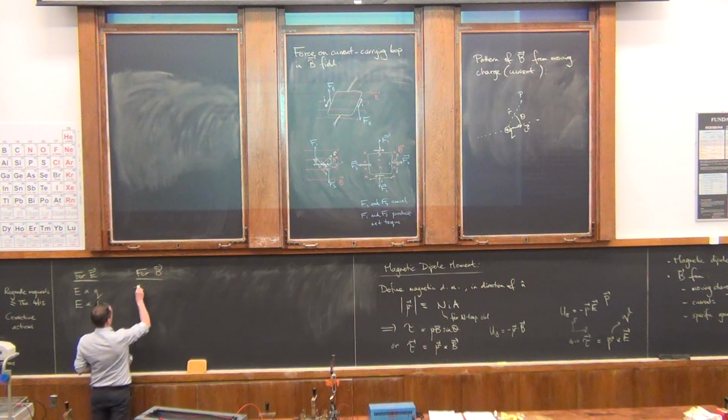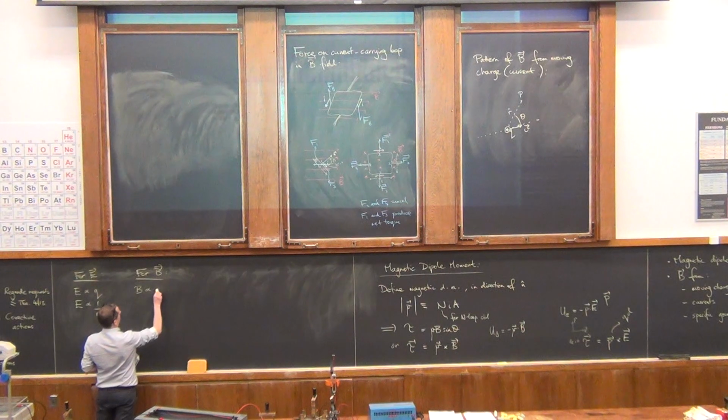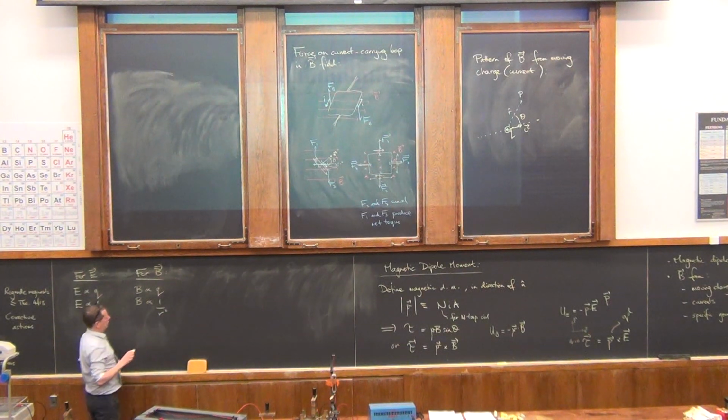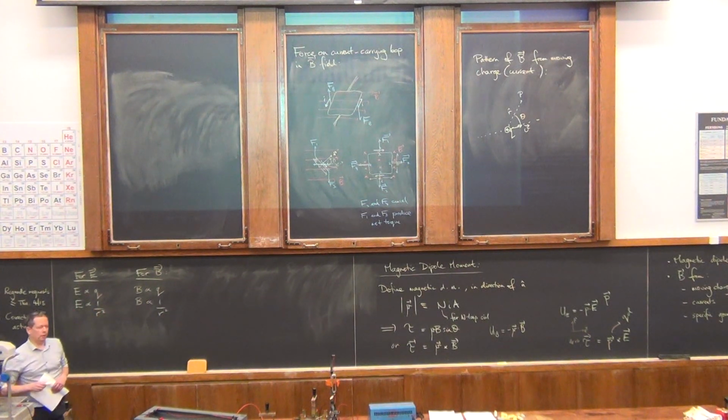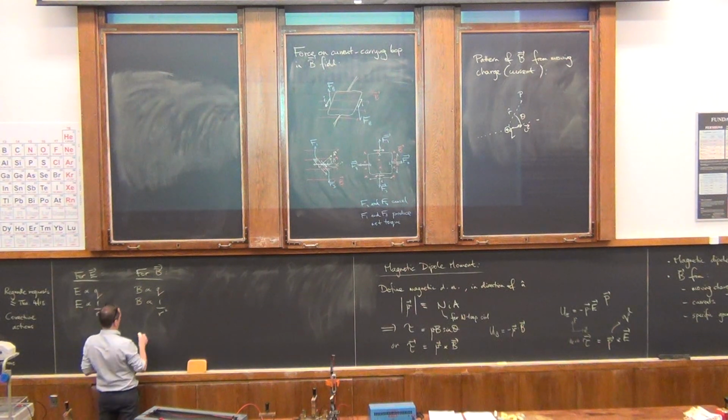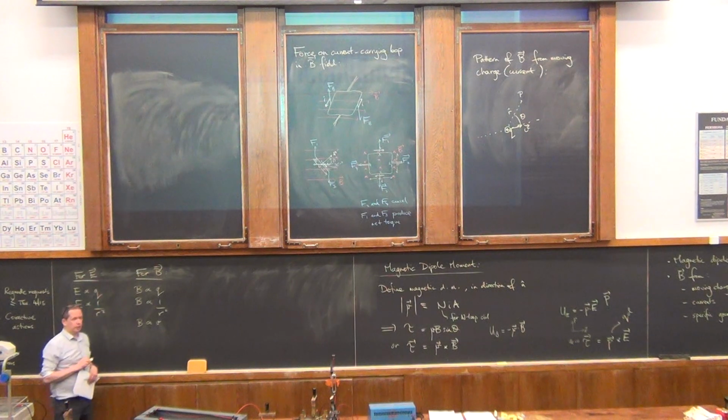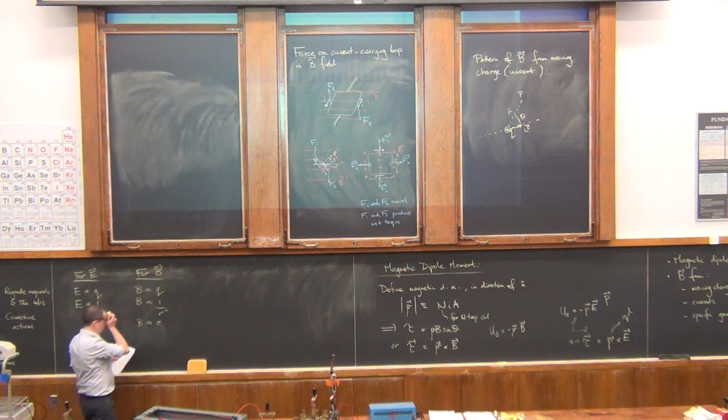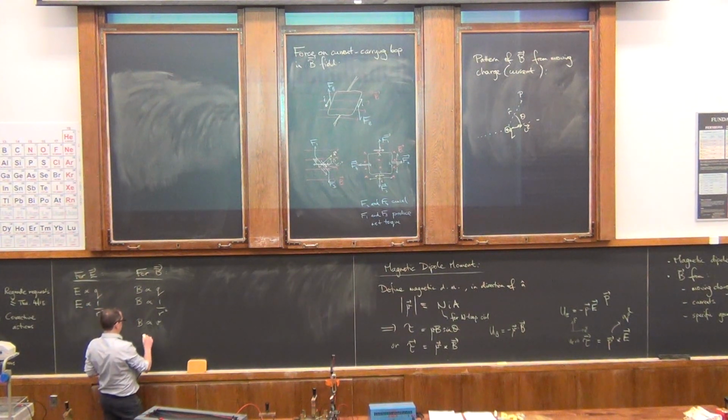It's true that the magnetic field is also proportional to the charge. It's true that the magnetic field also drops off as 1 over r squared. But we have two additional features of the magnetic field. Firstly, that it's proportional to the velocity of the charge. And then there's this curious angular dependence.